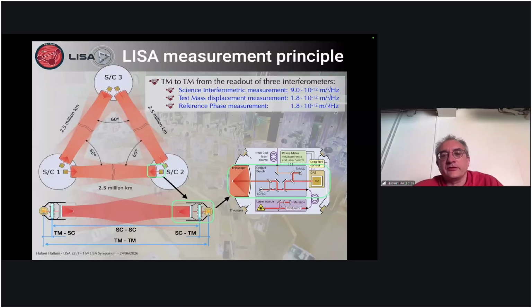One is named the science interferometric measurement, with about 10 picometers per root hertz, and two other interferometers meant to measure the position of the test mass with respect to the spacecraft, and also the reference phase between the two optical benches on the same spacecraft. They are at 2 picometers per root hertz. That's the level of stability required to measure gravitational waves with LISA, and the level of performance that has to be achieved on ground for testing as well.